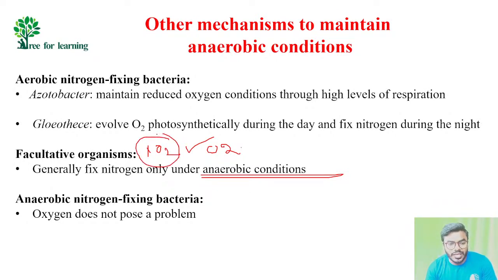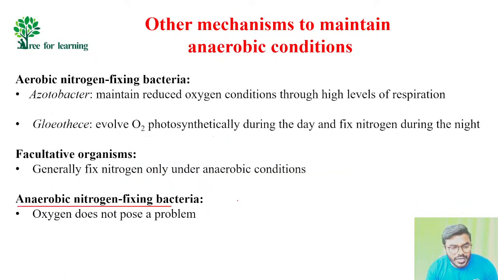They start growing in the anaerobic condition. They can fix the nitrogen. And what is the advantage with the anaerobic? Anaerobic will always be a high advantage, because if there is oxygen, first the bacteria can't survive, right? So it's a great advantage for the anaerobic nitrogen fixing bacteria. They can survive in the absence of oxygen, and they can fix the nitrogen in the absence of oxygen only.